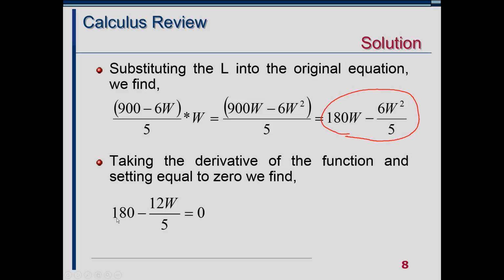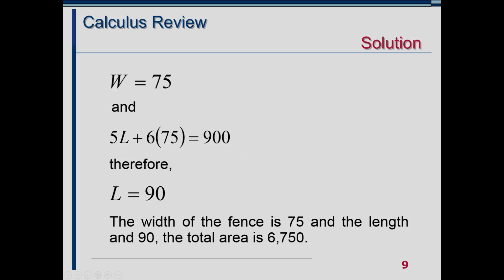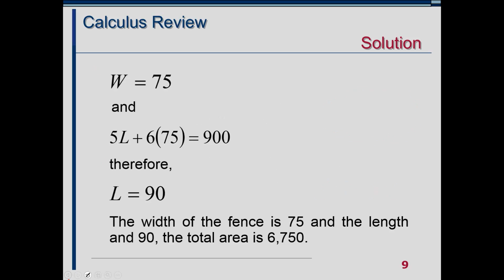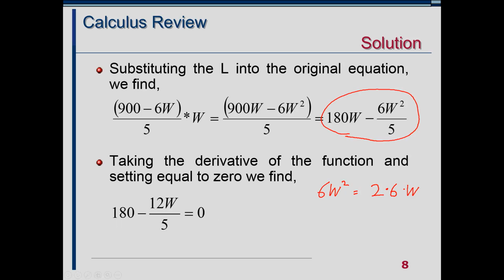The first derivative of 6w squared, we pull this 2 down, so it would be equal to 2 times 6 times w, and this is going to be 2 minus 1, or w raised to the first power. So that's where this 12w comes in.